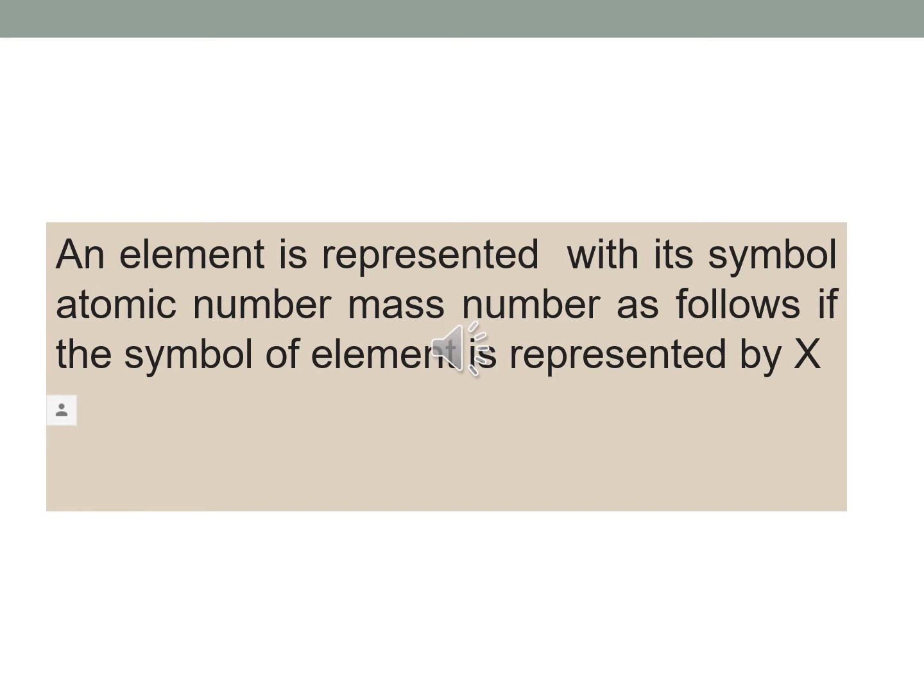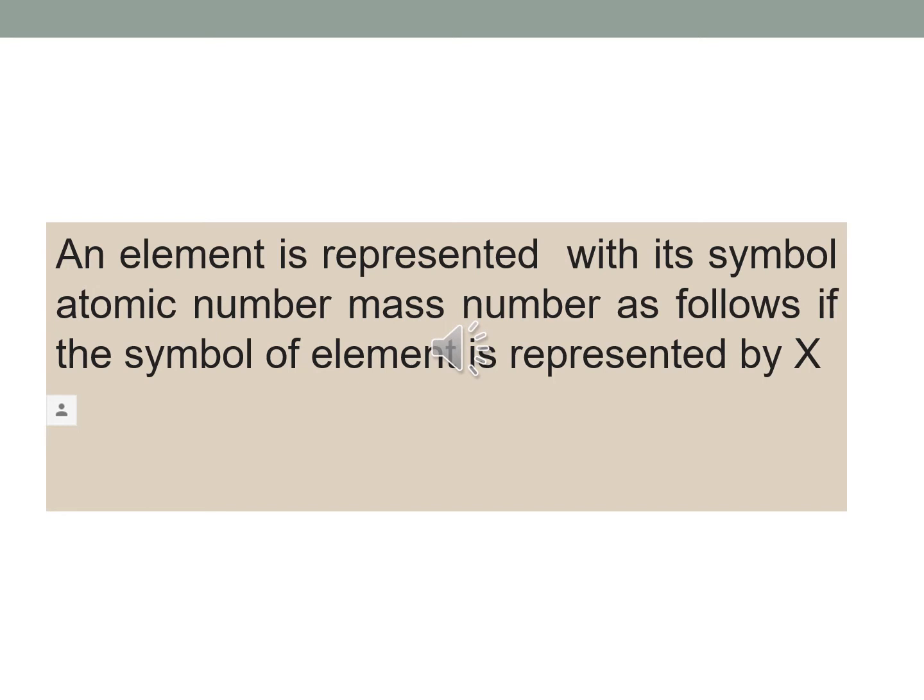Are you listening to me? Is there any doubt? Listen carefully. The mass number of an element is equal to the number of protons plus the number of neutrons. Now look at the PPT.